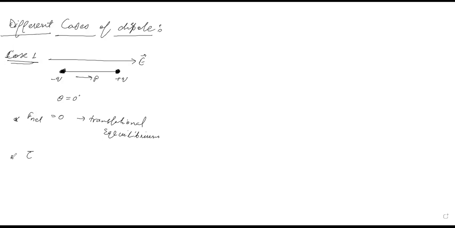The torque will be tau is equal to Rf sine theta. Sine theta is sine 0. Rf sine 0. And finally you get the net torque acting upon the body is also 0. If the net torque is 0, then we can also say the body is also in rotational equilibrium.